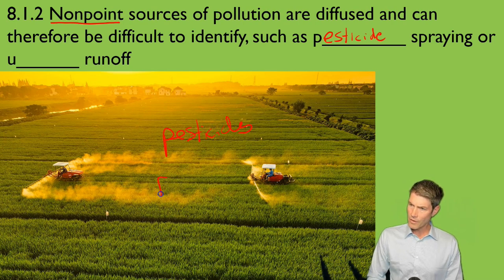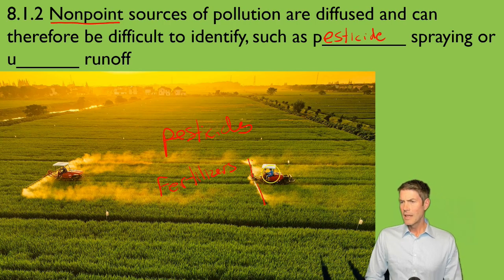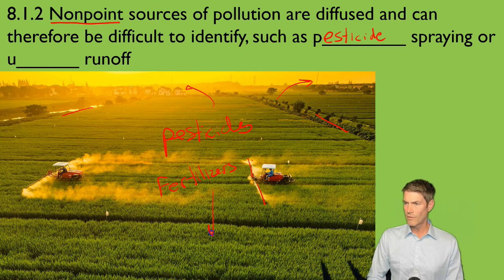These could be fertilizers too. It's very hard to tell, but they're spraying something, and it's kind of going everywhere. There's probably a drainage ditch over here and over there we can see, and it goes into the air. This is just going to go everywhere. And it's going to be hard to really prevent a lot of that.